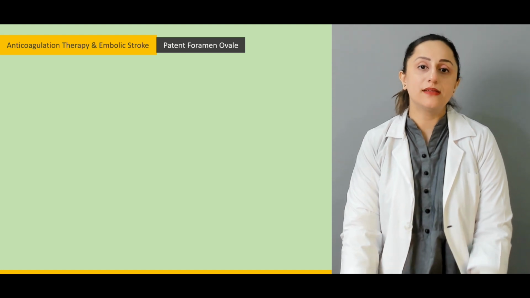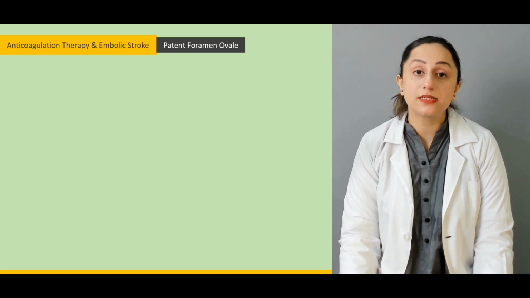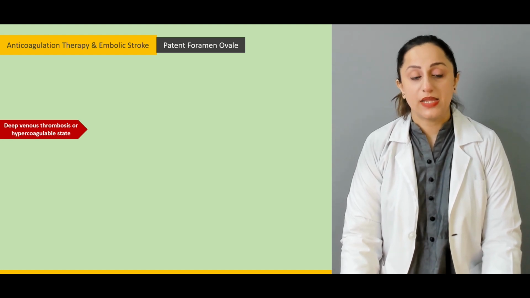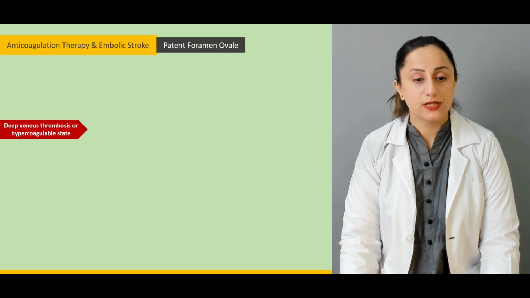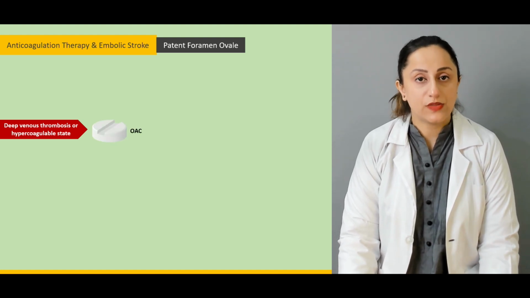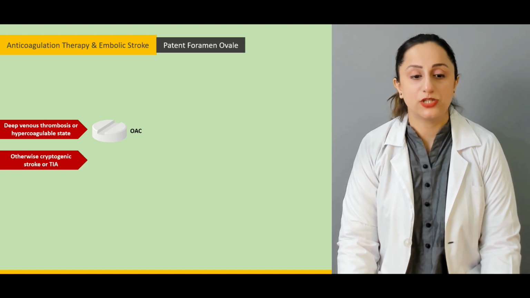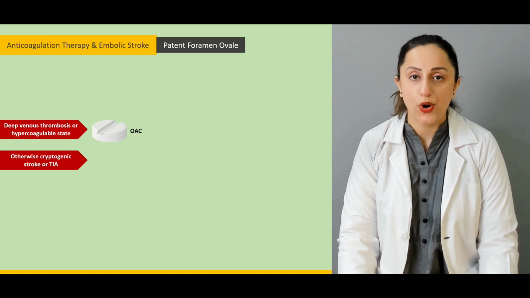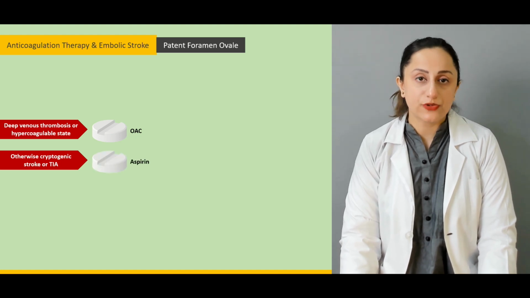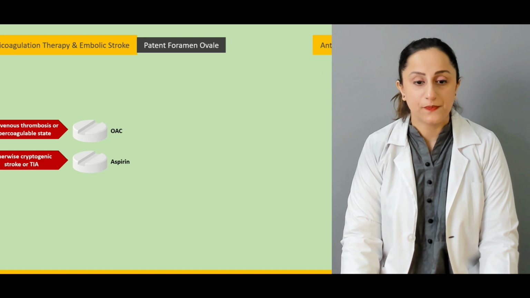A lot of congenital conditions, for example a patent foramen ovale, if you're dealing with one, or if it's a case of deep venous thrombosis or hypercoagulable states, we usually give oral anticoagulants in these patients. Otherwise, cryptogenic stroke, or if it's a case of transient ischemic attacks, we're going to prescribe the patient just an aspirin.